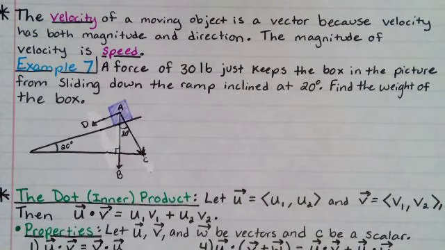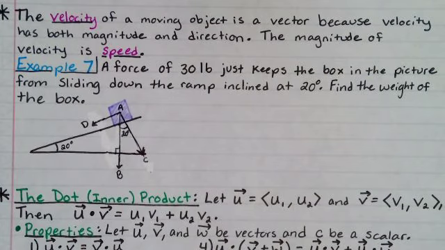It's also important that we see other forms of magnitude as well. And so what you're seeing in example 7 is us seeing a magnitude, but in a weight. So you see they said a force of 30 pounds. It just keeps the box in the picture from sliding down the ramp that's inclined at 20 degrees. And they said, find the weight of this box.